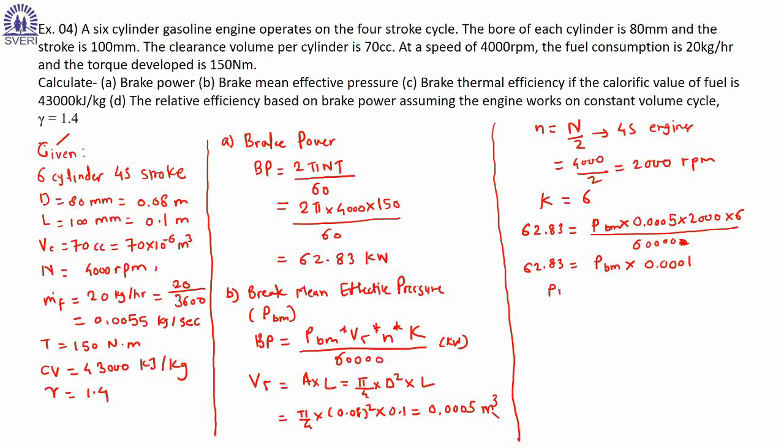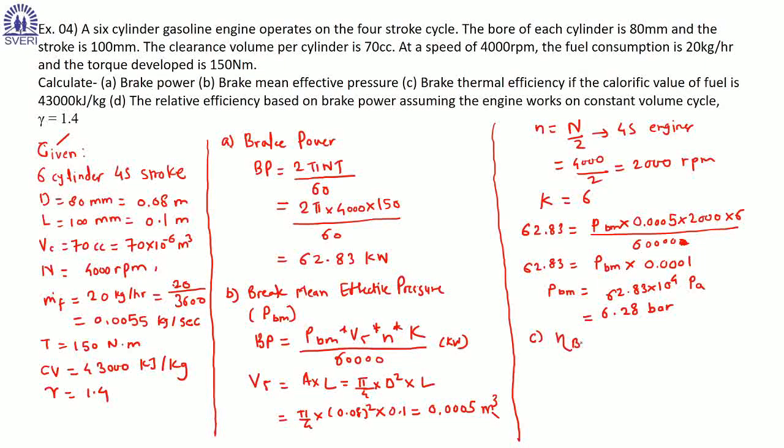So from this, the brake mean effective pressure can be calculated as 62.83 into 10 to power 4 pascals, or I can say 6.28 into 10 to power 5, that is nothing but bar. That is the answer for the second bit. Third is your brake thermal efficiency, so part C is brake thermal efficiency.